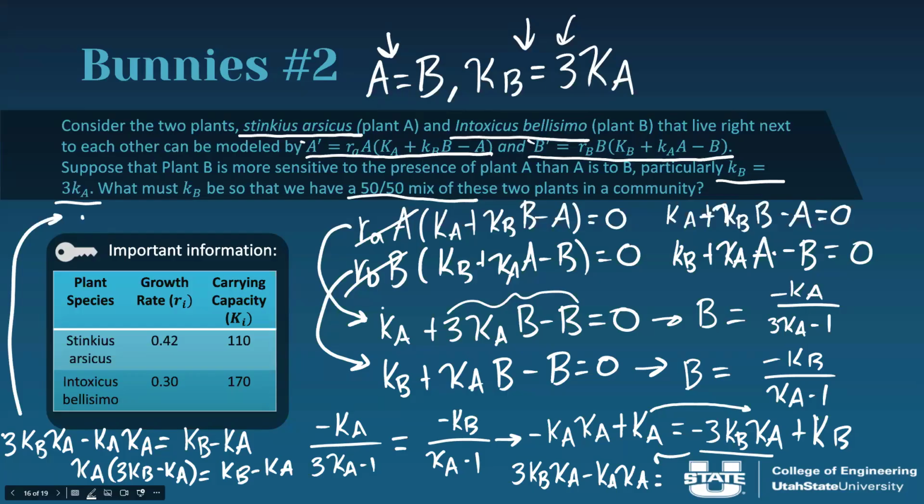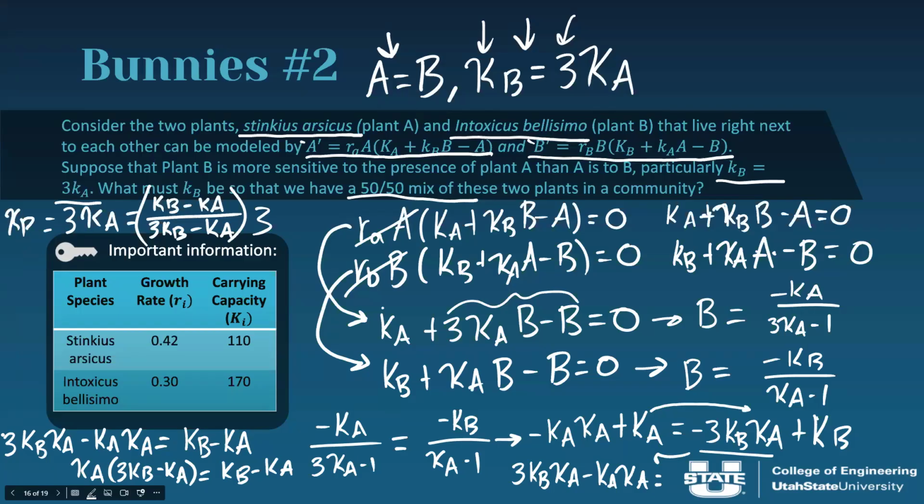Therefore, kappa A is equal to (Kb minus Ka) over (3 Kb minus Ka). And we know Kb and we know Ka, so we can know kappa A. And then we're looking for kappa B, so all we need to do is multiply this by 3, and we have kappa B.